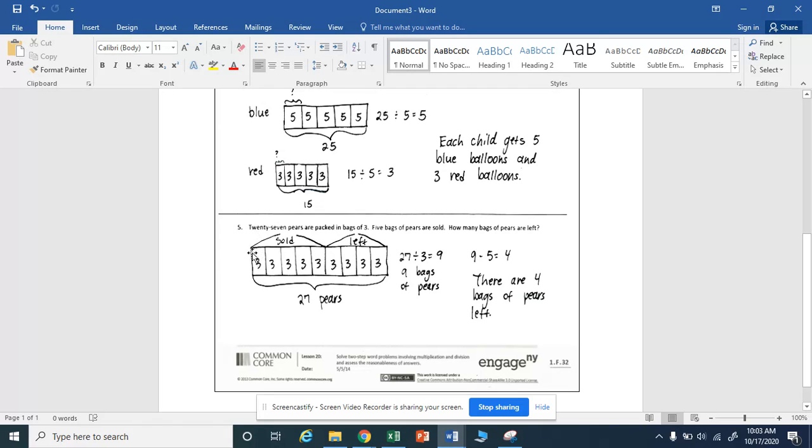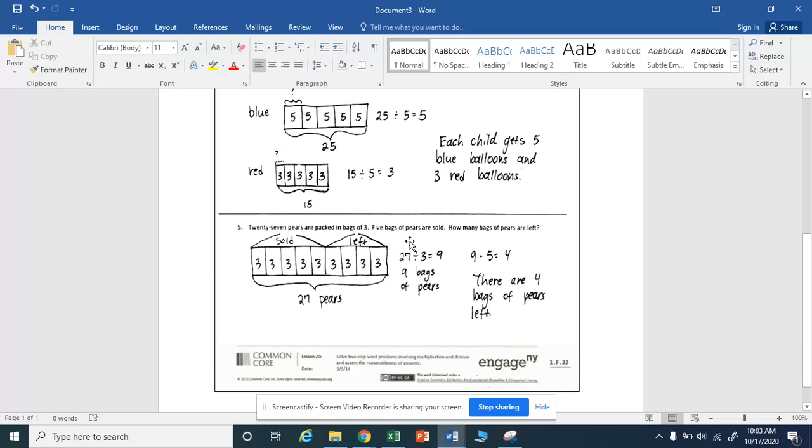So our first bag is 3, second 6, and remember tape diagrams are hooked together. 9, 12, 15, 18, 21, 24, 27. So let's see, 1, 2, 3, 4, 5, 6, 7, 8, 9. 27 divided by 3 equals 9 bags of pears. So that's how many bags we have of pears.